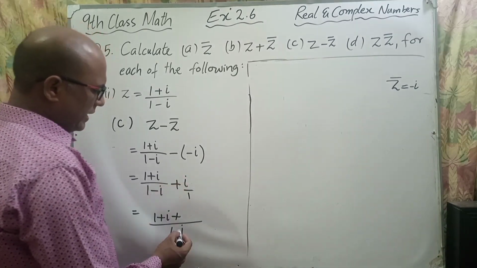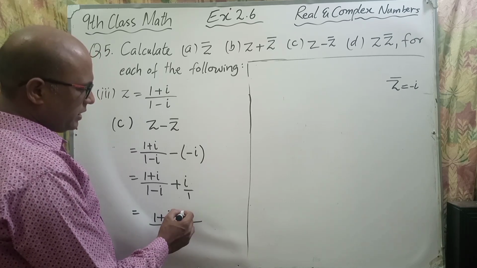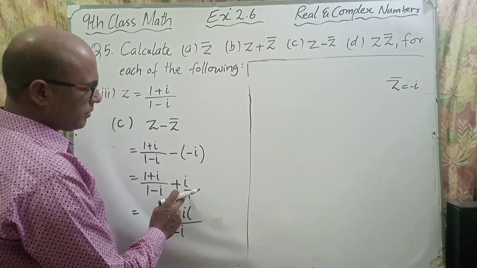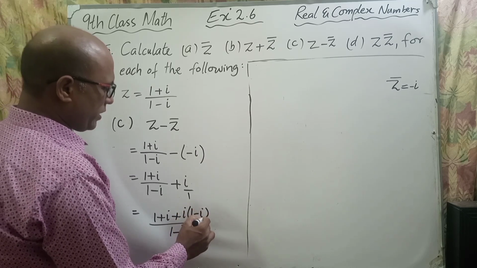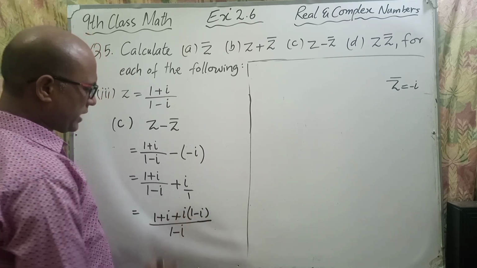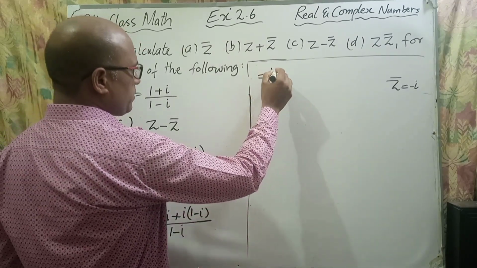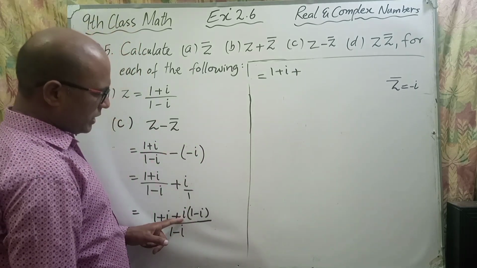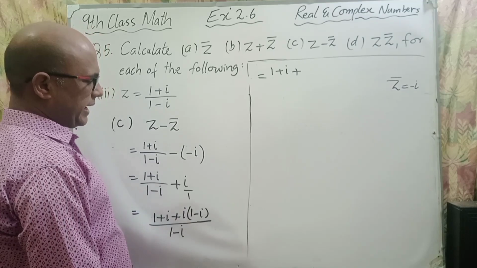So here 1 minus iota, which is the LCM, will be directly multiplied by iota, because the denominator is 1 here. So in the next step, students, 1 plus iota plus, now iota will be multiplied by the terms inside the brackets.